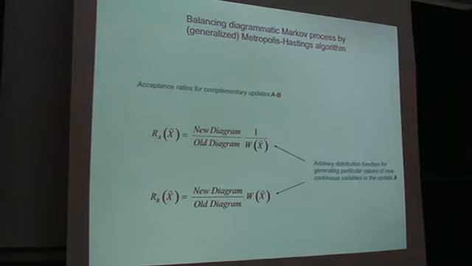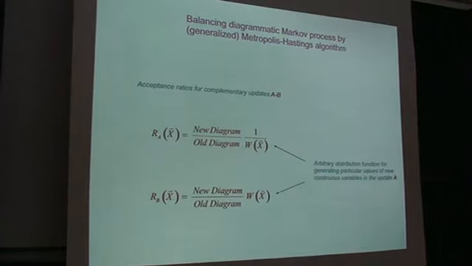And the bottom line is the following simple formula. Whenever we have an update which creates new variables, the acceptance rate ratio which guarantees the right probability distribution is the following. It's the expression for the new diagram over the expression for the old diagram. And this structure is very simple. Remember, all diagrams factorize into simple products.